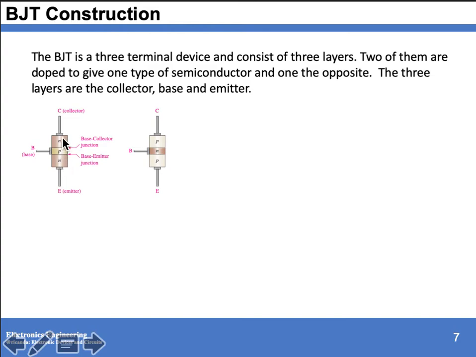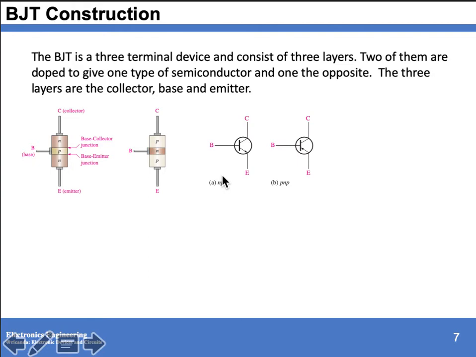It means that your collector is doped with the negative material together with your emitter, and your base is the opposite material, that will be positive. For the PNP, your collector and emitter are doped with the same material, that is positive, and your base is the opposite, that is negative.